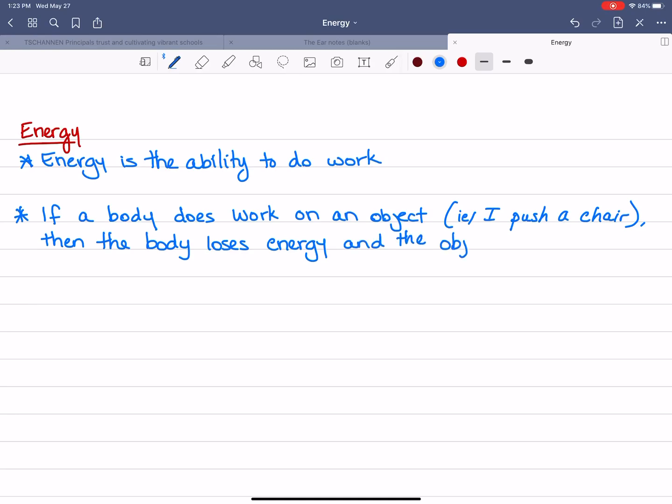And the object that I'm putting the work towards gains that energy, okay? So what does that mean? That object is actually doing work. So in that case, the chair will glide across the floor.